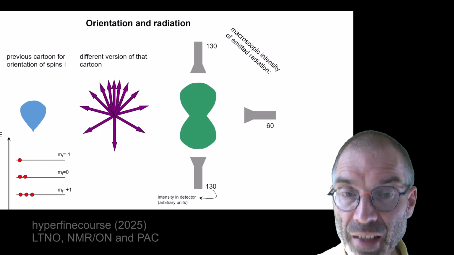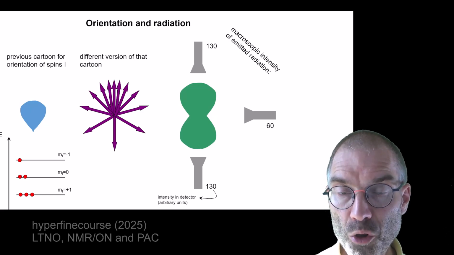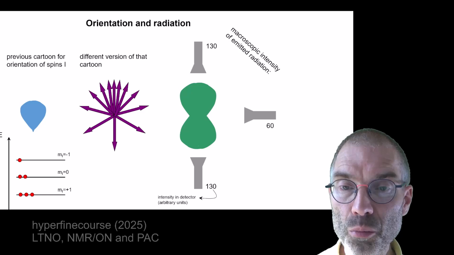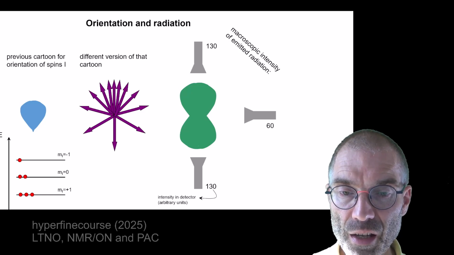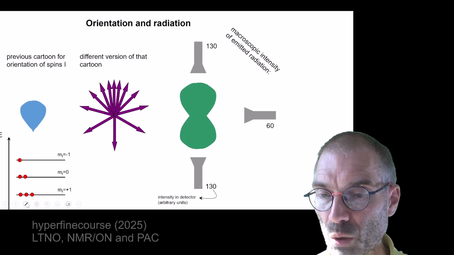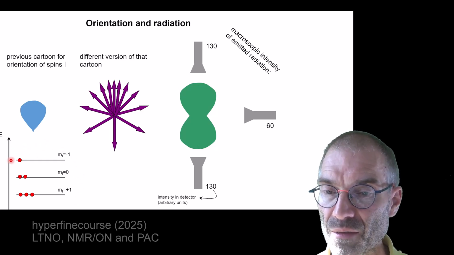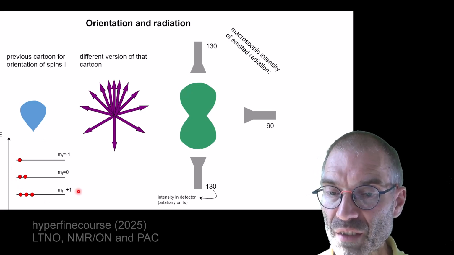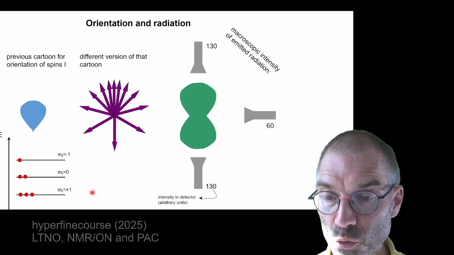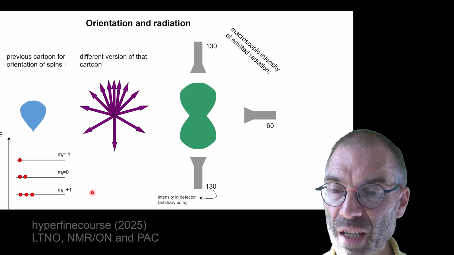This anisotropy in the gamma ray emission has observable consequences once you have an oriented ensemble of nuclear spins. Look at the situation here at the bottom, where we have a nucleus with spin 1, and depending on the orientation of that nuclear spin, depending on the m value, there can be 3 different energies, one of them being the lowest energy.